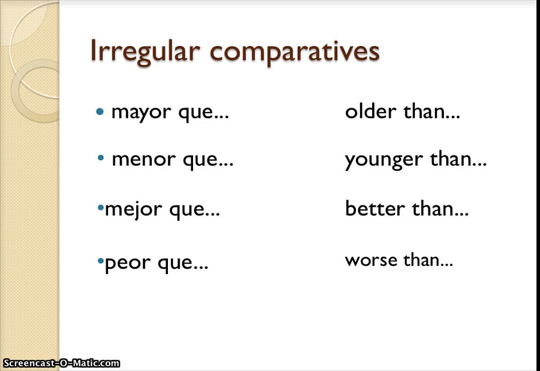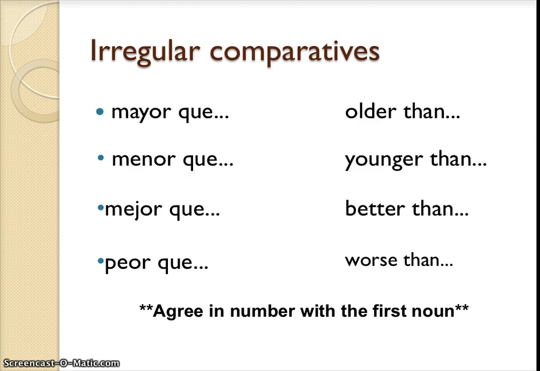Okay? And with the irregulars, we are not using them with adjectives. Okay? So they're going to work the same way as they did with our second group of comparative phrases. Okay? They agree in number with the first noun. And I have an example here for you.